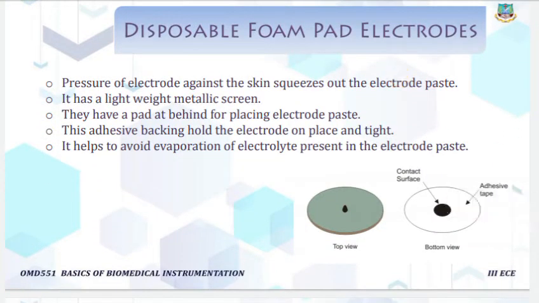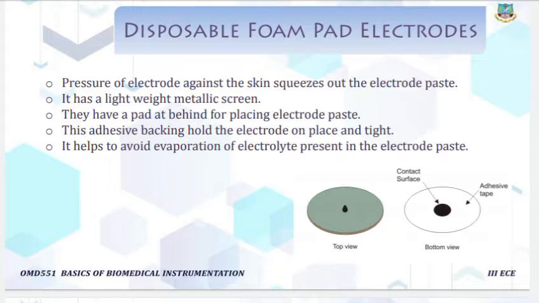Next one, disposable foam pad electrode. The pressure of the electrode against the skin squeezes out the electrode paste. In the previous electrodes, when we place them on the skin, there will be some electrode paste, right? So this electrode paste will squeeze out. In order to avoid that, we use this disposable foam pad electrode. It is also called adhesive tape electrode. It has a lightweight metallic screen, and a pad behind for placing the electrode paste.